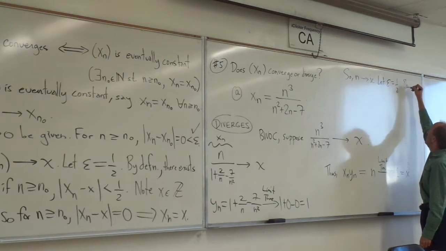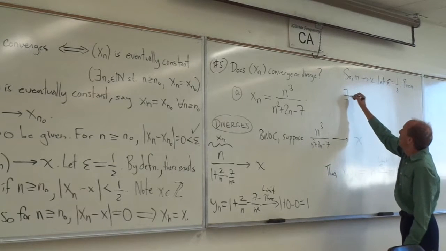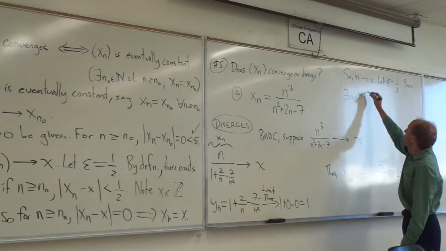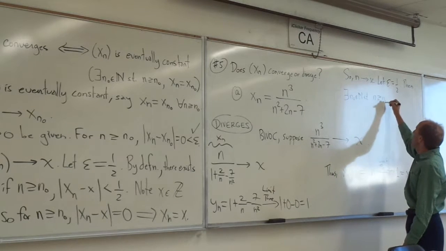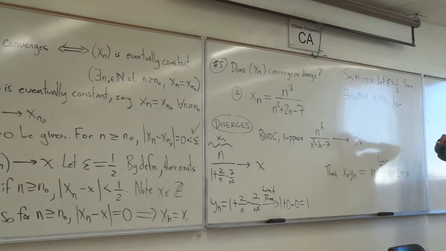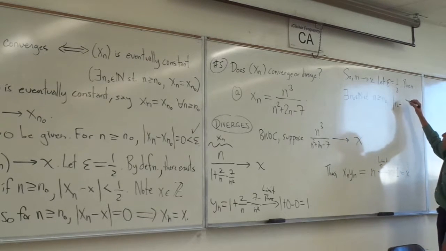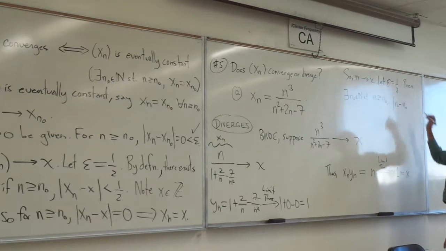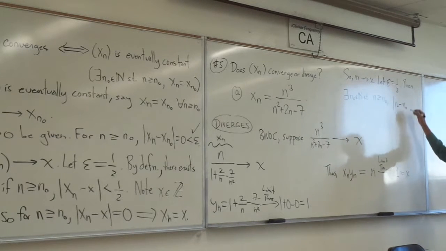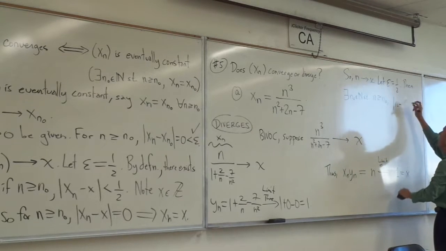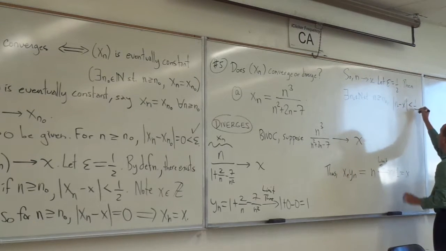Then there exists an n naught in the natural numbers such that if n is greater than or equal to n naught, then the absolute value of n minus, so these are the terms of the sequence, right? n minus the limit. Sorry, the limit is x. n minus x is less than 1/2.